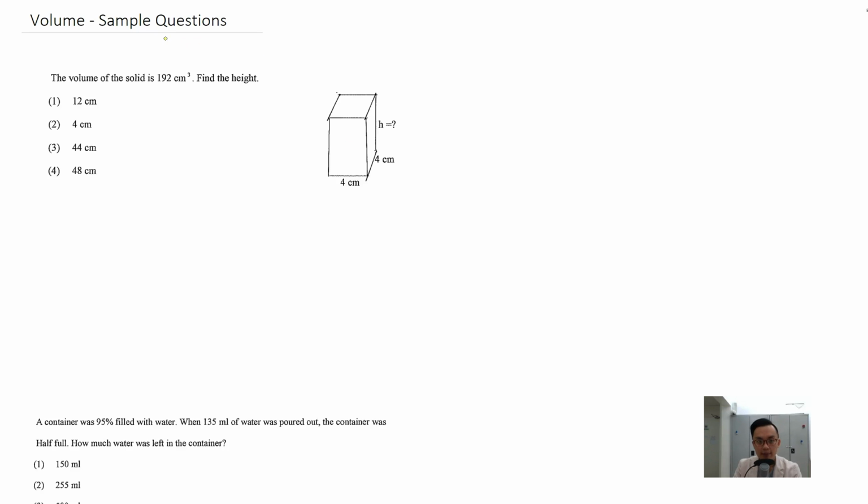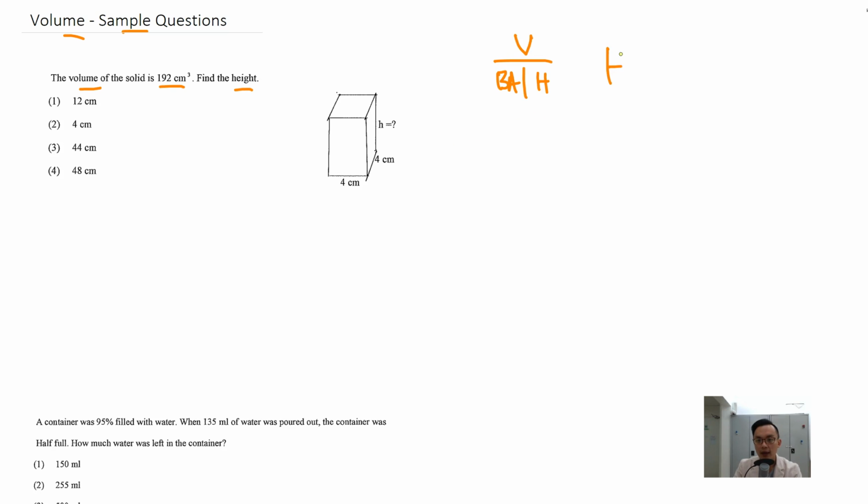Now let's take a look at some sample questions regarding volume. So the first question is, the volume of a solid is 192 cm cube. Find the height. So recall the formula, the triangle, V, base area, height.